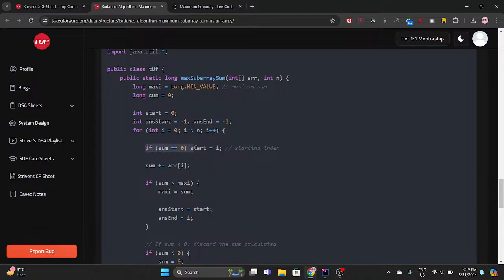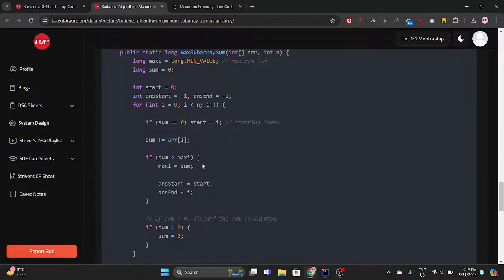If sum equals zero, start equals I. Answer of start equals start. Answer of end equals this.